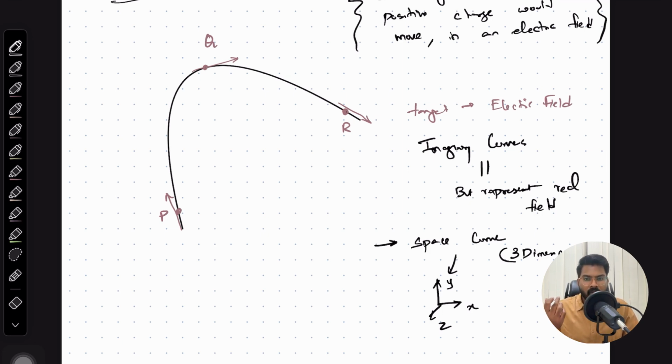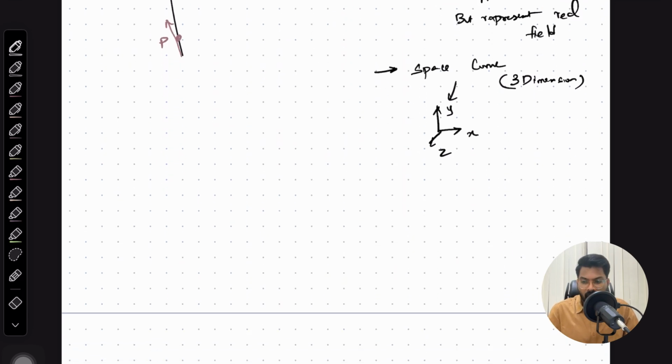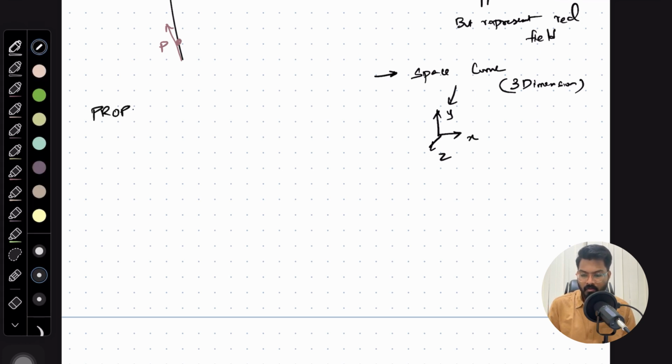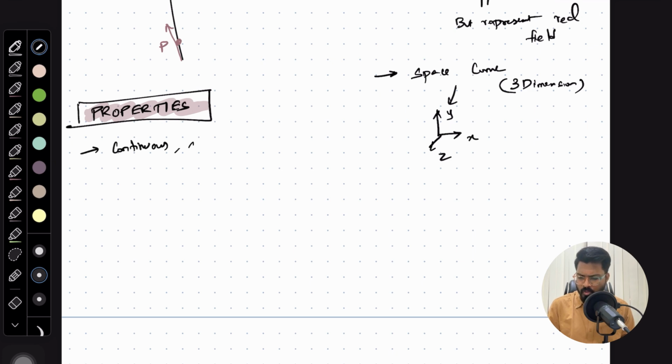Now we could go ahead and read about some properties of these lines of force. The first one is that these curves are continuous, smooth curves without any breaks. Then they always start at positive and end at negative.